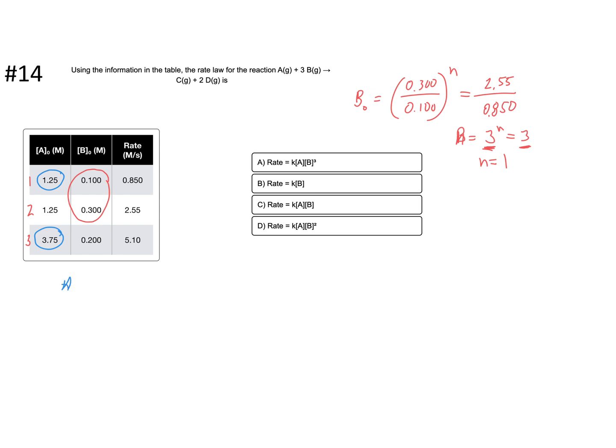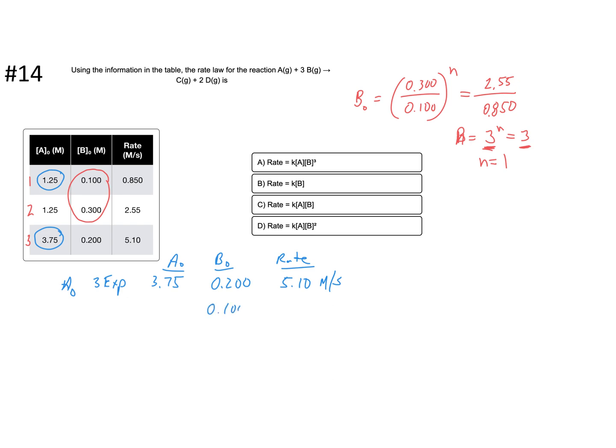So if we take a look at A, and I take a look at experiment 3, I've got 3.75 as my concentration of A. My concentration of B is 0.2, and my rate, when all of those things happen, is 5.10 molar per second.